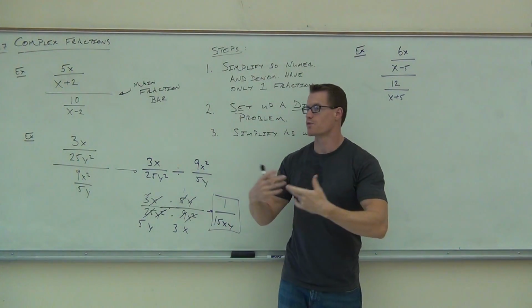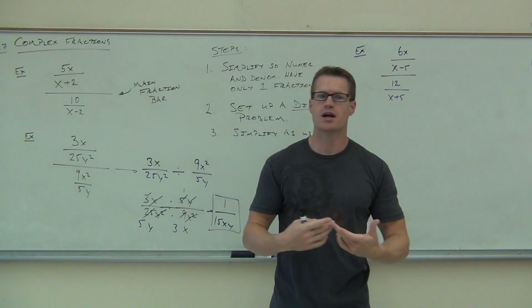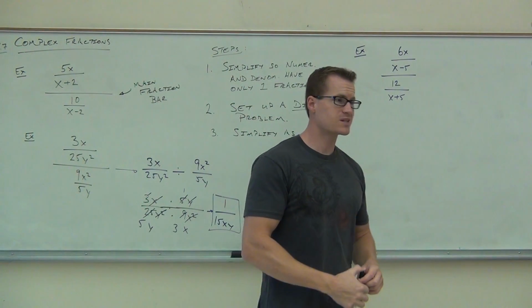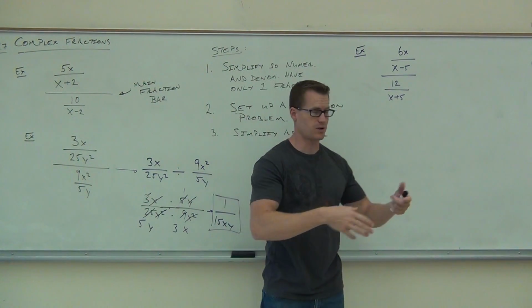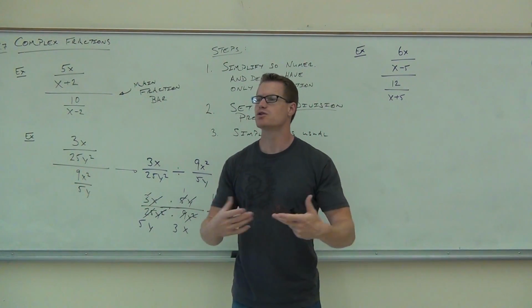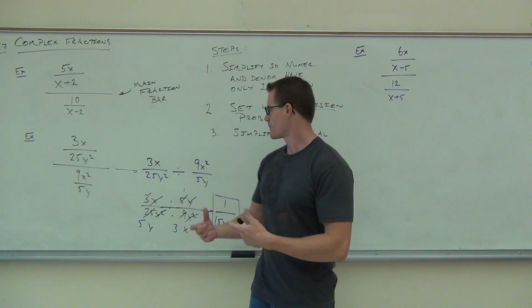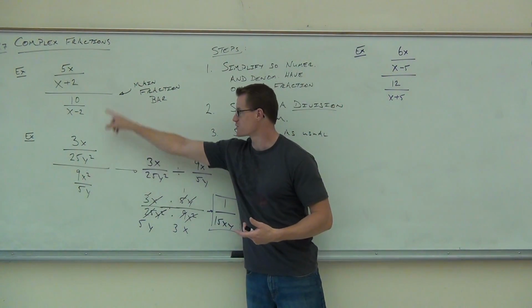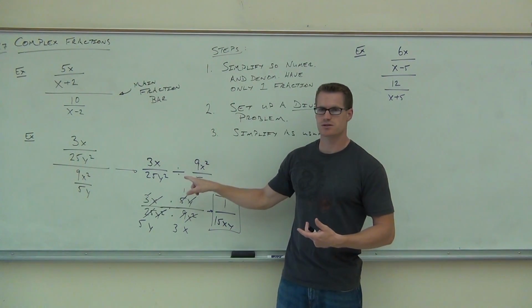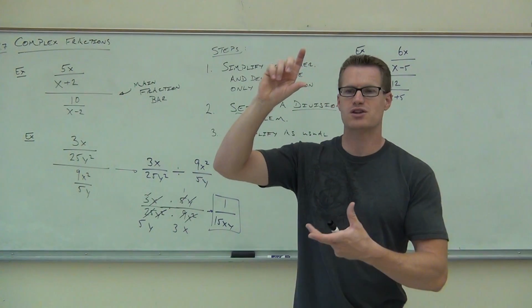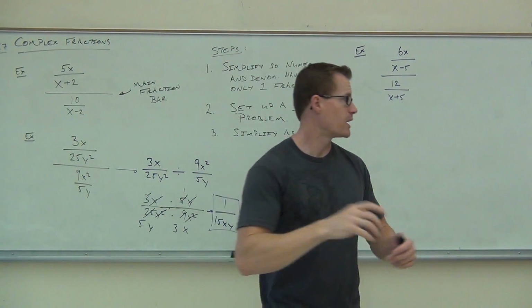The next thing is to do what with this? Before we simplify, well, we are simplifying, that's what this process is, but how do we do that? We have it in this form, we want it like this. So we're going to set up a division problem on that. When you have one fraction over one fraction, that is your next step. So let's go ahead and do that.